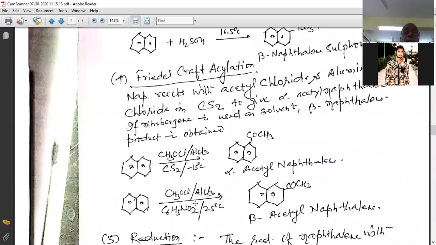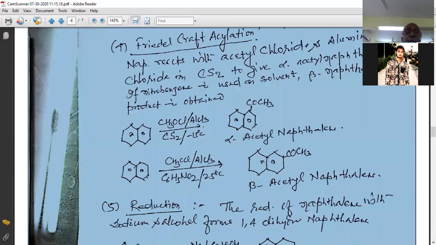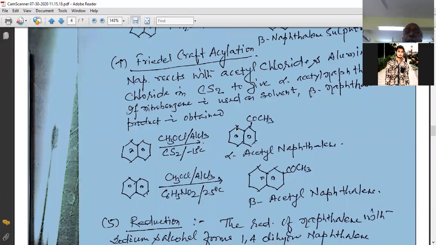You see, naphthalene at 165 degrees centigrade forms the beta product. And this also supports the Friedel-Crafts acylation.